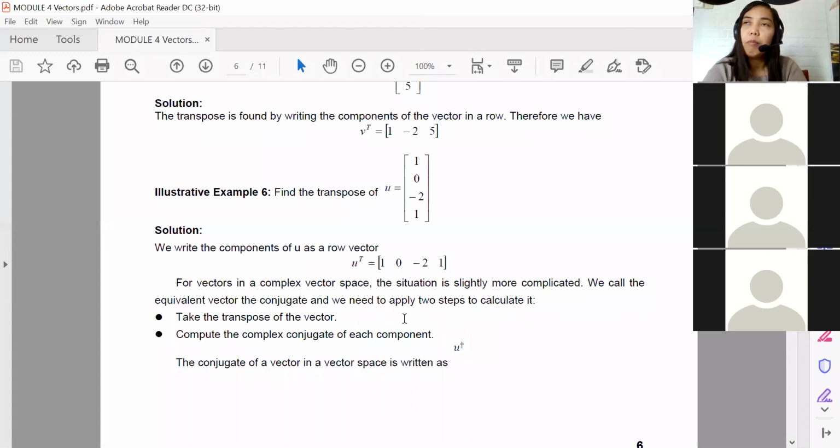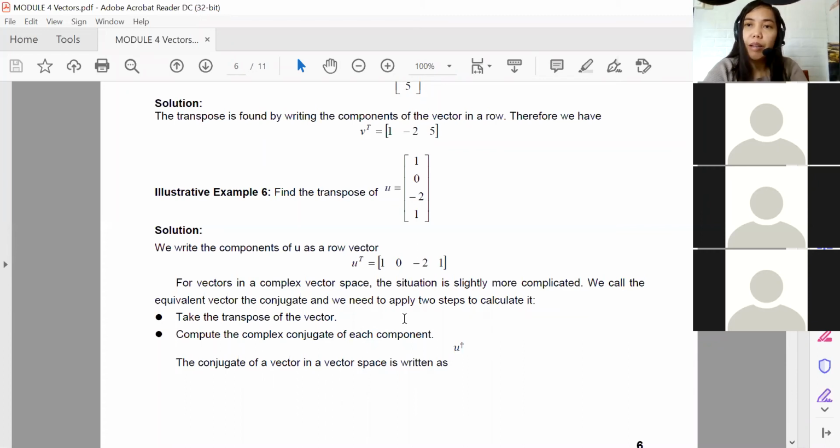So what we do is find first the transpose of the given matrix and then the conjugate. Same here for complex vector space. We call the equivalent vector the conjugate and we need to apply 2 steps to calculate it. So same process, class. Kunin nyo muna yung transpose ng vector and then the complex conjugate.